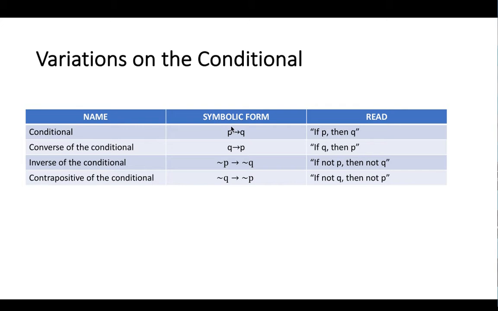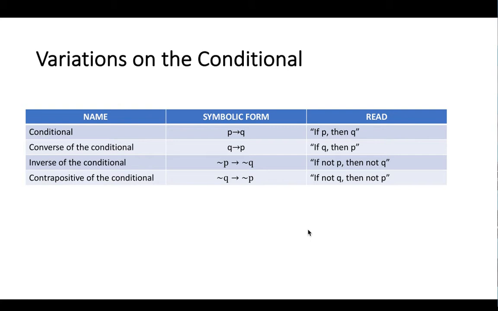So the conditional is if P then Q. The converse, you're switching the order, so it's if Q then P. The inverse is you're keeping the order but negating the terms, so it's if not P, then not Q. And with the contrapositive, you're switching the order and negating, so it's if not Q, then not P.